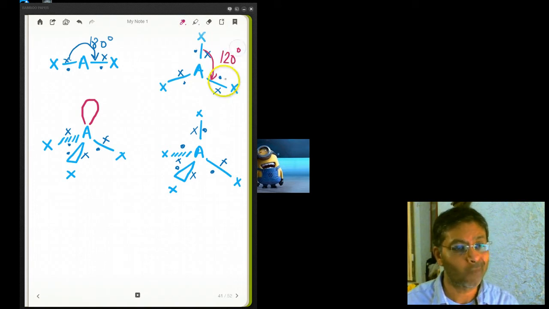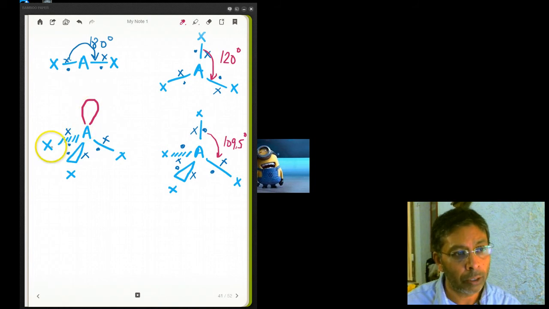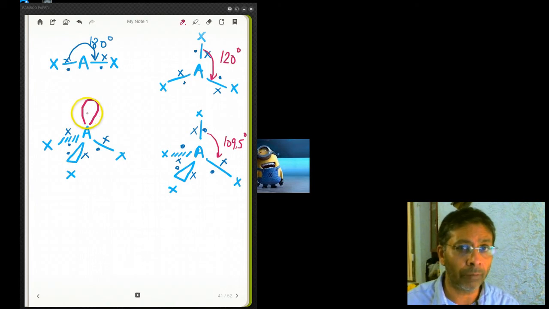120 degrees. Over here, originally it was tetrahedral, 4 electron regions, and the bond angle is 109.5 degrees. This case is again a tetrahedral type of shape, but you've got a lone pair, so it makes it a trigonal pyramid. When you have a lone pair, that reduces the bond angle by 2.5 degrees.